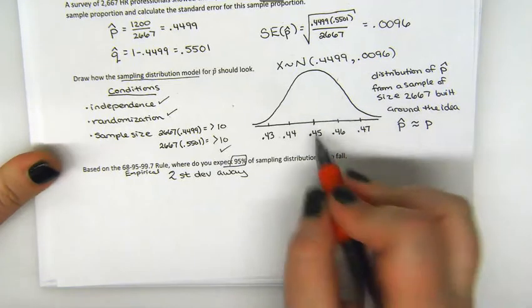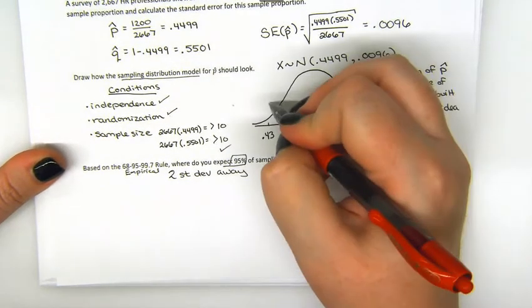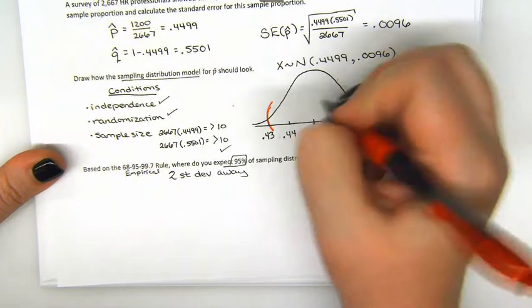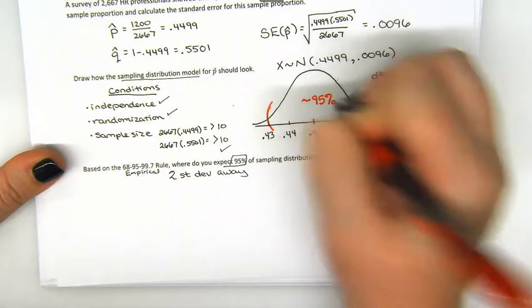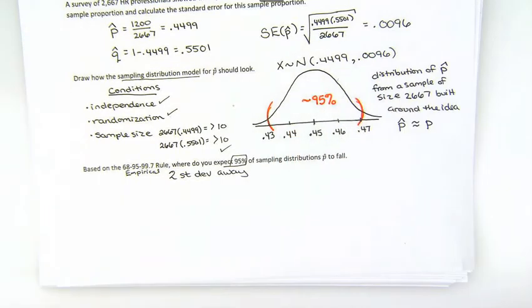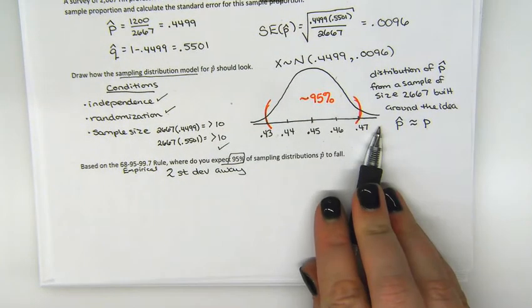So that would be, if we're starting here in the middle, going 2 standard errors up, 2 standard errors below, and that should capture about 95%. So from our interval, we can see going down to 0.43 and up to 0.47.